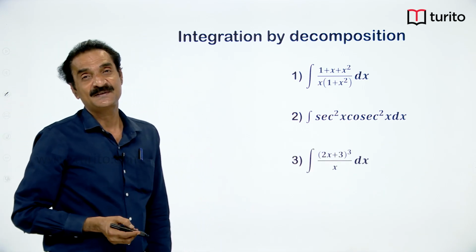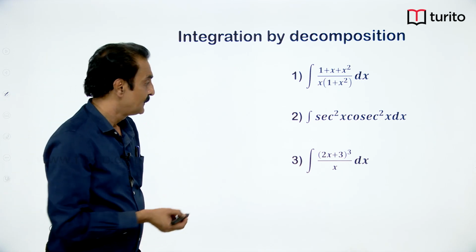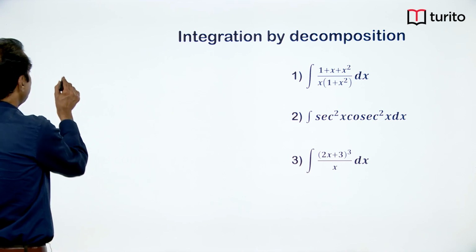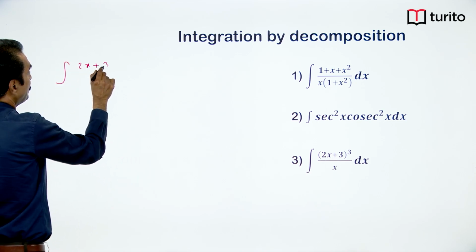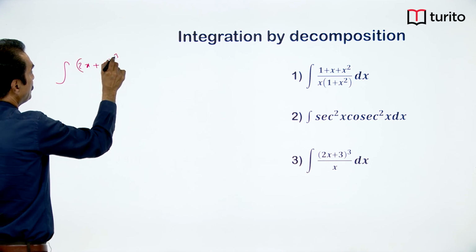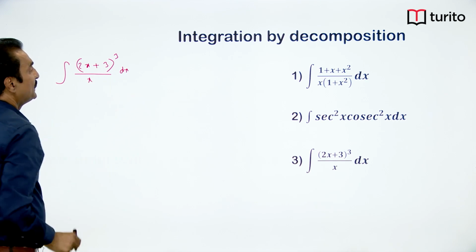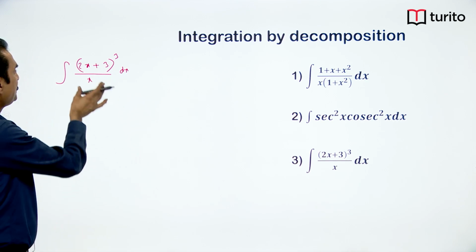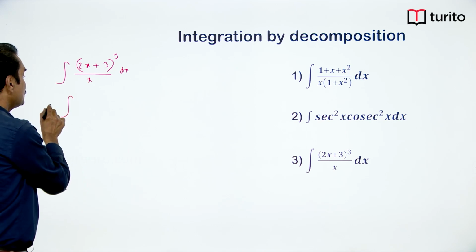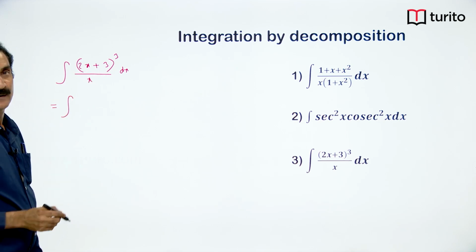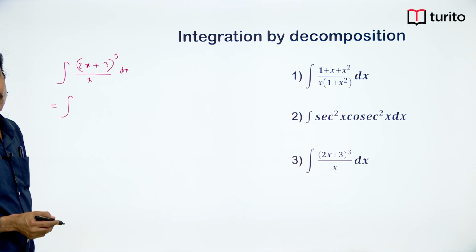Next question, integral 2x plus 3 whole cube by x. How to decompose it? Simply you expand the whole cube. What is a plus b whole cube? A cube plus 3a square b plus 3ab square plus b cube.